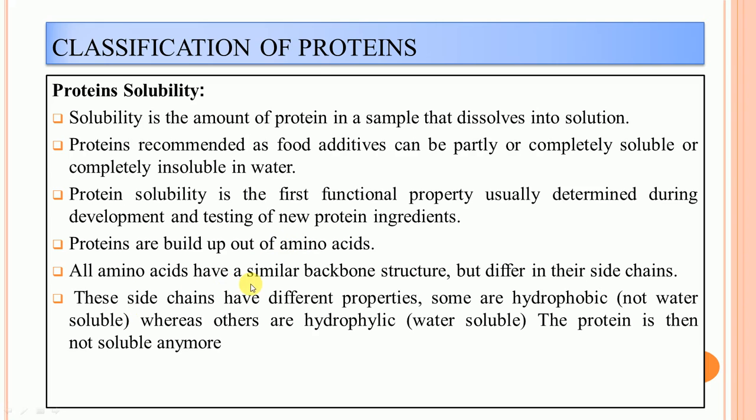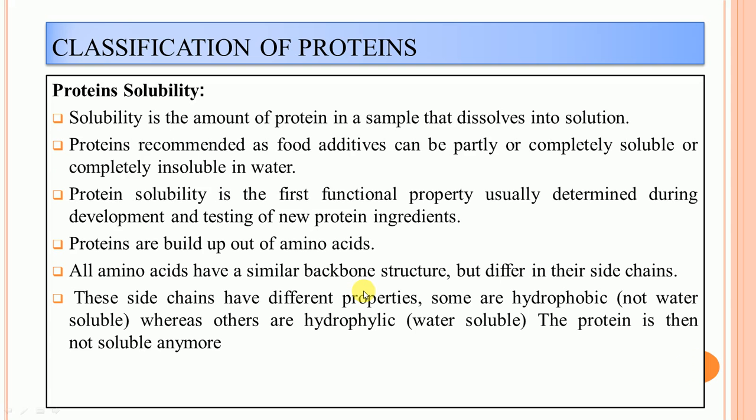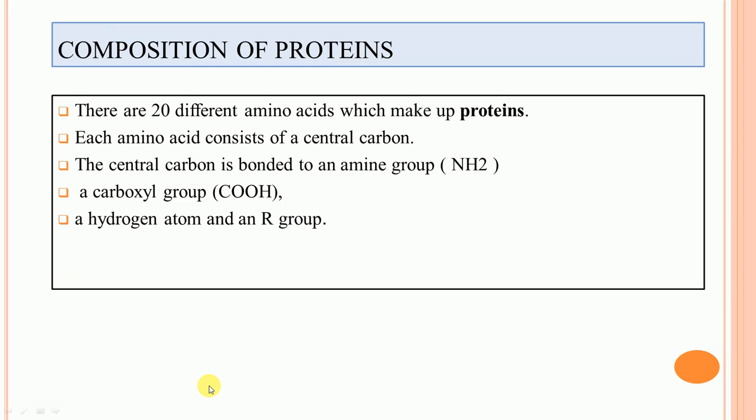All amino acids have a similar backbone structure but differ in their side chain. The side chains have different properties. Some are hydrophobic in nature, which are not water soluble, so they are not soluble in water or are poorly soluble, whereas others are hydrophilic, which are water soluble.